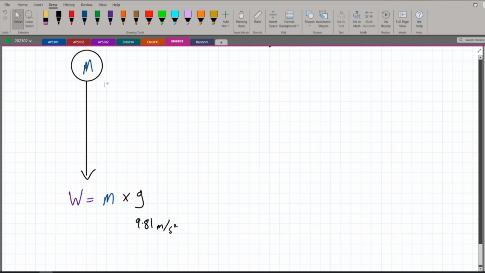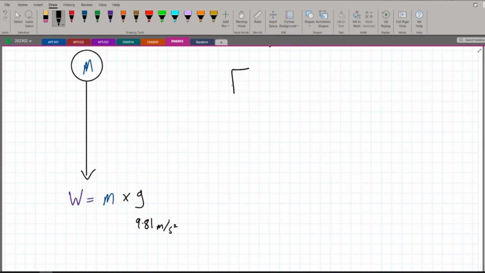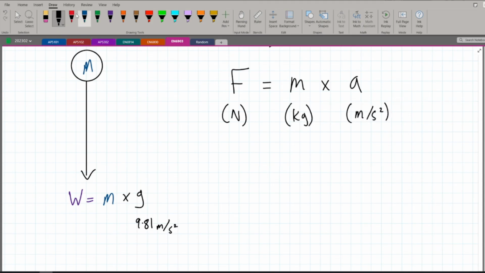So F equals MA is another form of it. The force is equal to the mass times acceleration. Most of you should know this by now. The force is in newtons, the mass is in kilograms, and the acceleration is in meters per second squared. Why is this important?